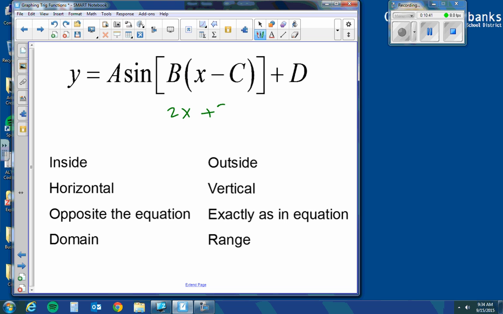If it is something like this, it is not a shift left pi. You want to rewrite it in factor form, so you interpret it correctly. So that's why it looks like this. If you combine a horizontal stretch or compression with a shift, you want to write it like this. Most of the time we don't have them combined, but if we do, you write it in factor form.